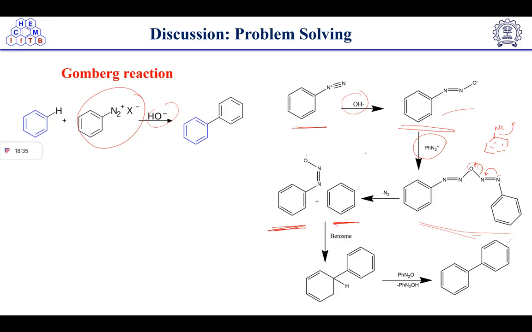Now after getting this intermediate, the next thing is this diazo will also knock out. And here radical formation will take place, which will trap the benzene ring to form the bicyclic ring.